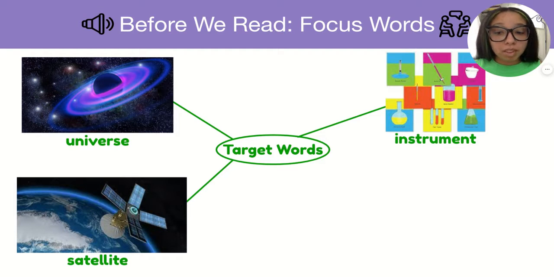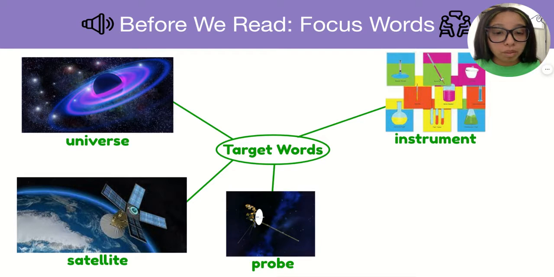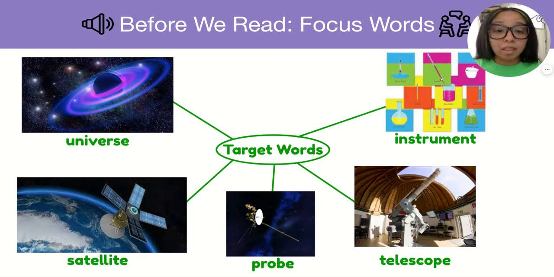In this situation, this satellite is orbiting the Earth. Probe. A probe is another instrument that scientists use in order to collect data on a particular form of energy or matter. It typically lands on a planet or the moon, and we'll learn about probes today.